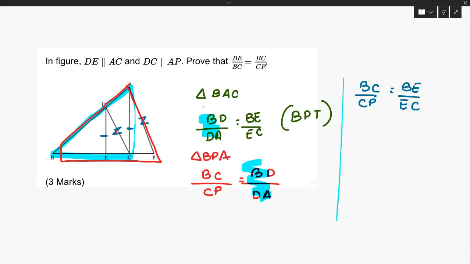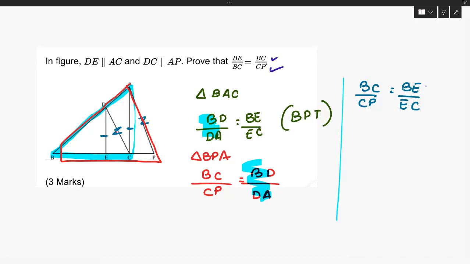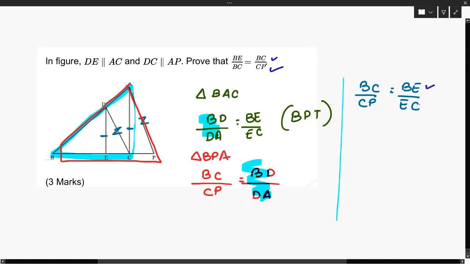Okay, now I got it. BC upon CP is equal to BE upon EC.